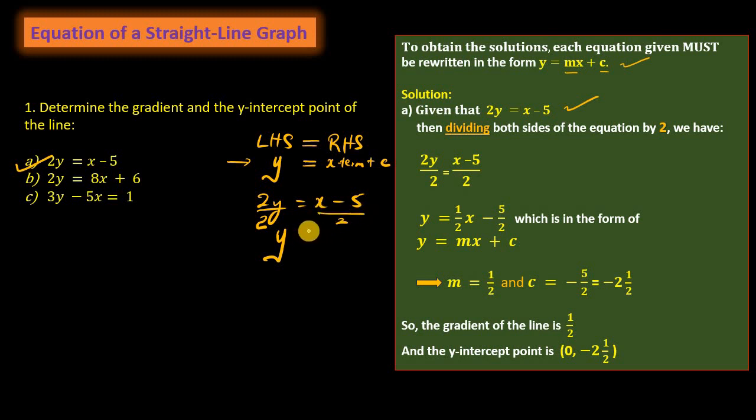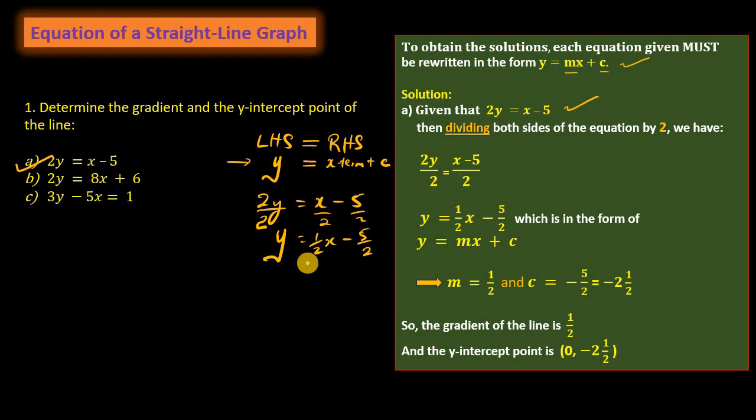Of course, this is the same thing as saying x divided by 2 minus 5 divided by 2, just the same as dividing every quantity on the right-hand side by 2. Dividing by 2 is the same as multiplying by a half, or finding half of that quantity, minus 5 divided by 2 as well.